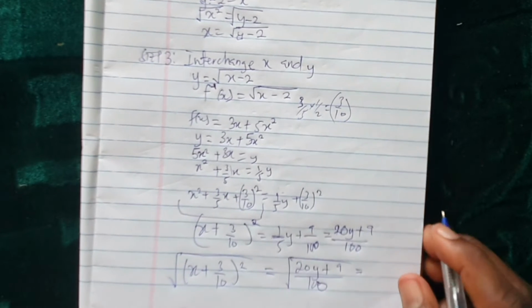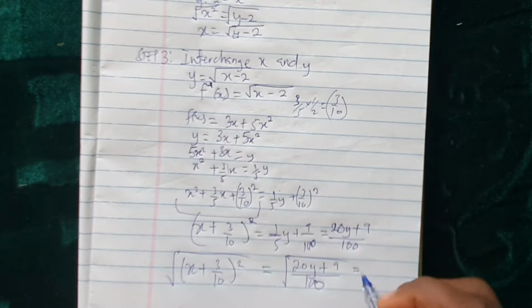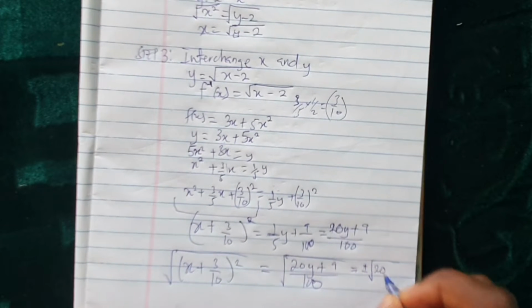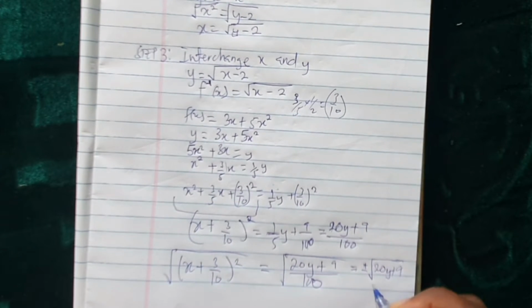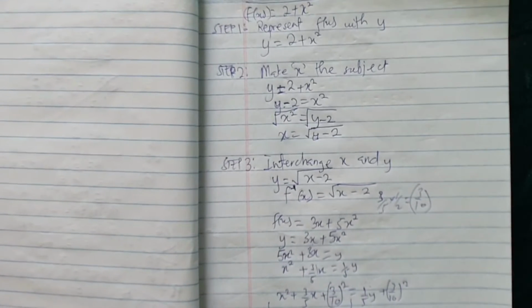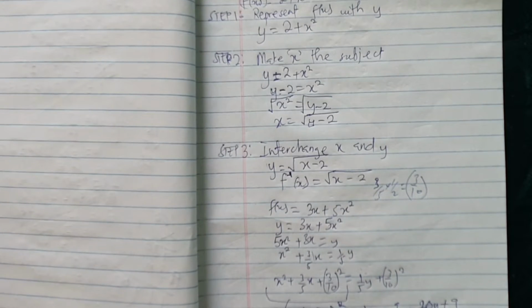The square root always gives us plus or minus. So we have plus or minus the square root of 20y plus 9 over the square root of 100, which is 10. Right, the square root will get rid of the square over here.